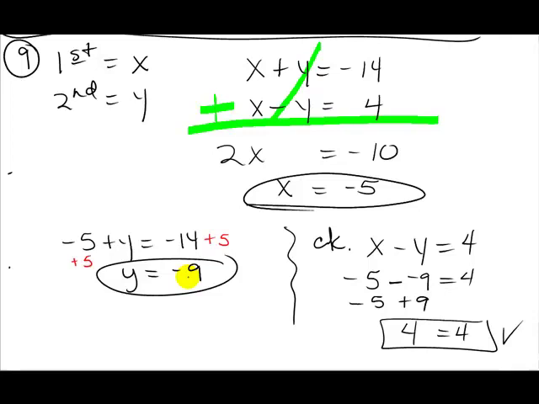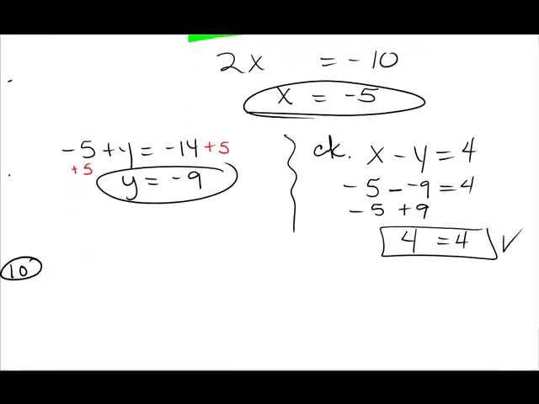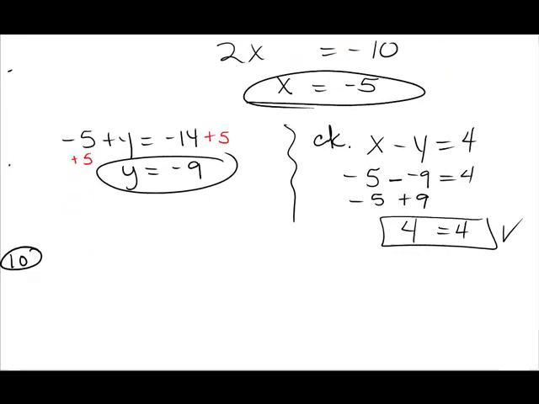I want you to do number 10. So we're going to do number 10. Again, set it up, and then come and check it out, and then pause it again. All right, one number, that's x, equals 4 more than a second number, and my second number is y.